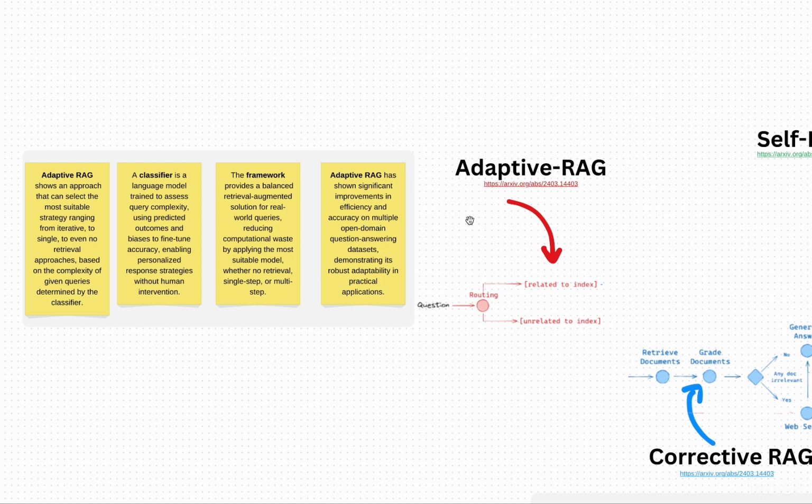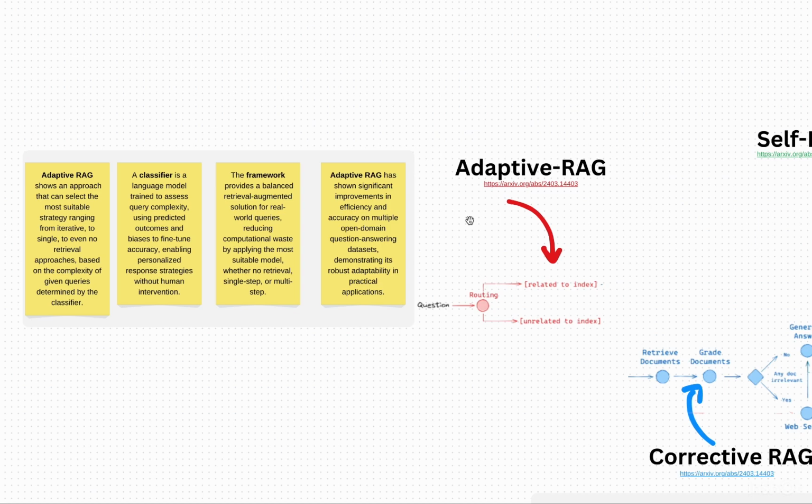For simplicity and more power in the same manner, we will use a large language model like GPT or Llama, and we will provide a prompt to decide either this is related to the index or not related to the index, and based on that decision we will act. The adaptive RAG paper has proved that the framework provides a balance between retrieval-augmented solutions and real-world queries by reducing the computational waste and applying the most suitable model.